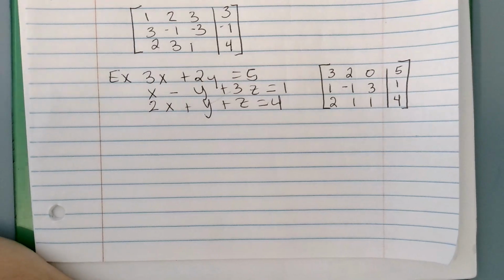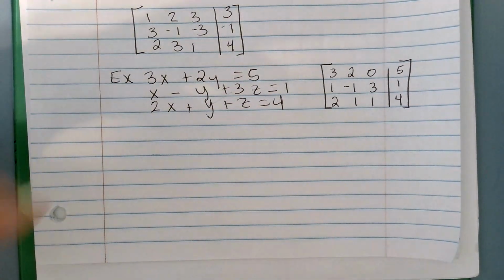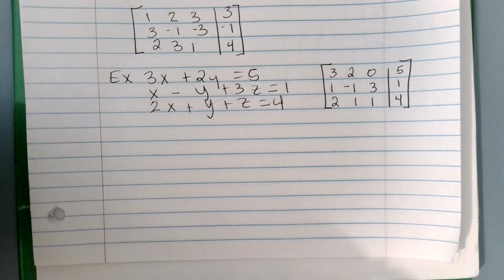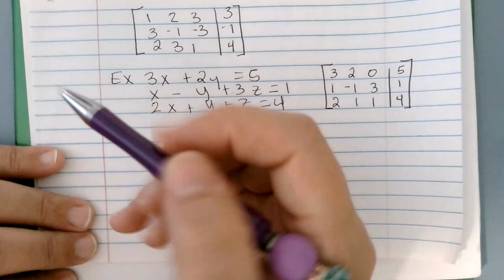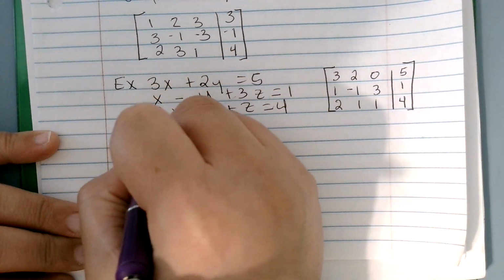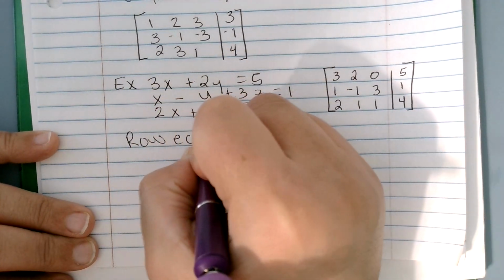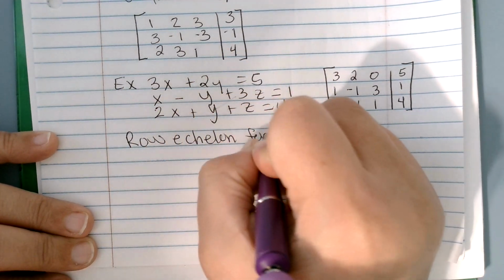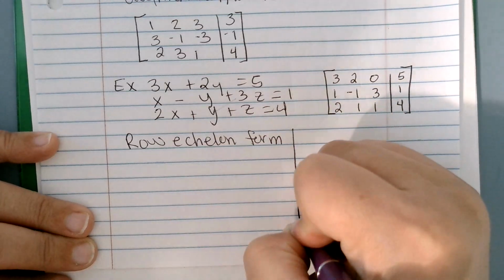We're going to do some of those, but the goal and the reason behind those is to get our matrix in what's called row echelon form. So this is Gaussian elimination.